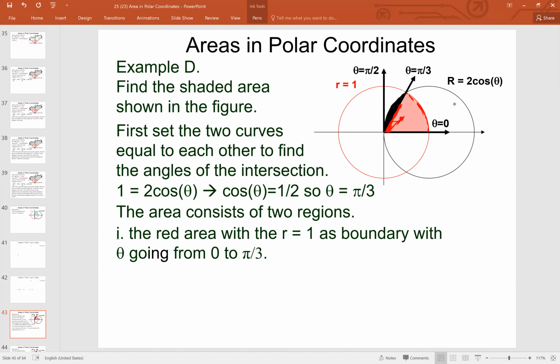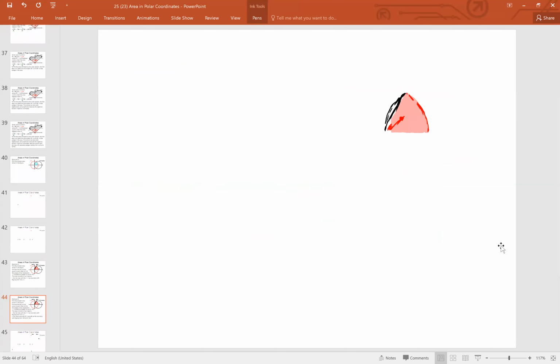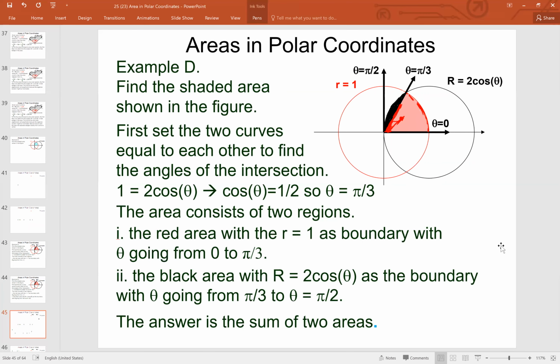So in this case, the first way we're going to do it, we're going to calculate the red area, which is very simple. The red area is 1/6 of the red circle. So that part's easy. Then I add on that little black slit, so I calculate in two parts.